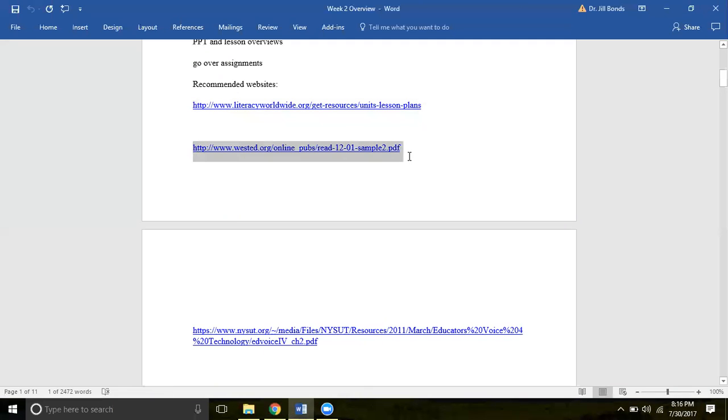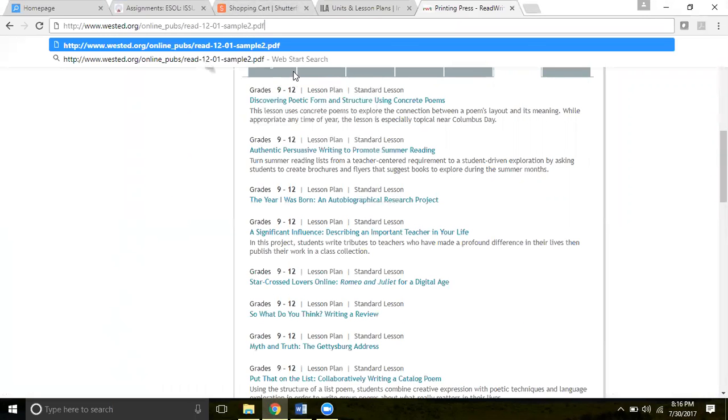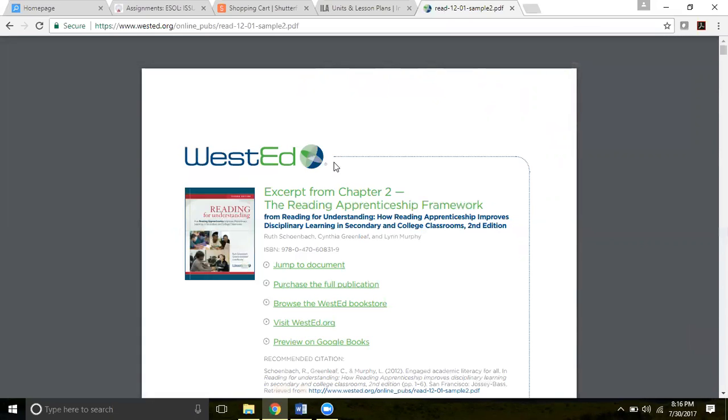The next is from wested.org. WestEd, let's go ahead and bring it up. This is from their Reading Apprenticeship Framework, from Reading for Understanding, and how reading apprenticeship improves disciplinary learning in secondary and college classrooms.